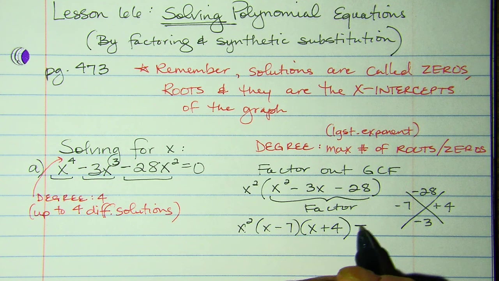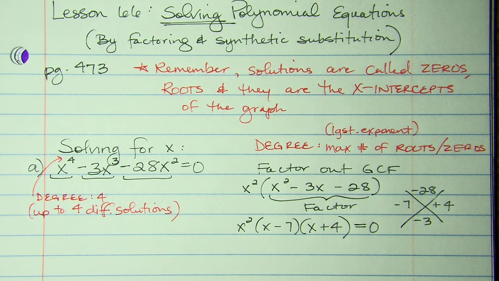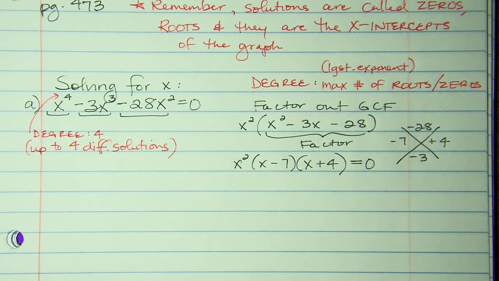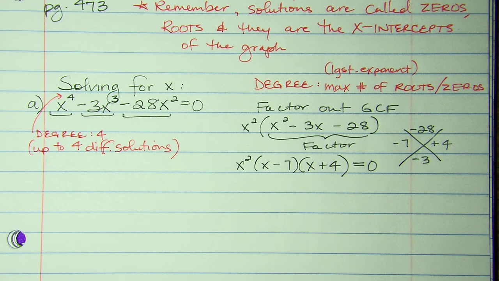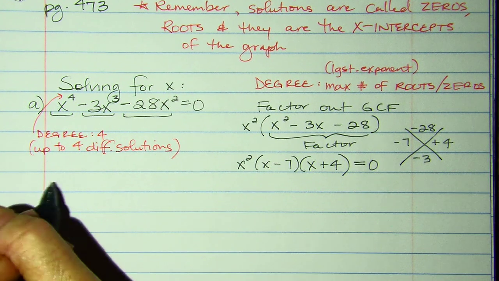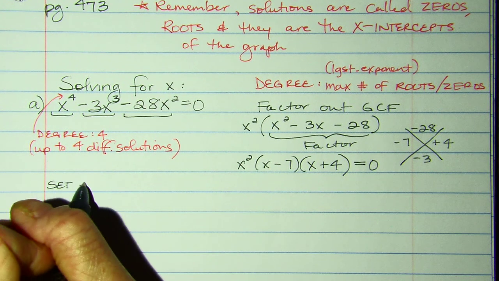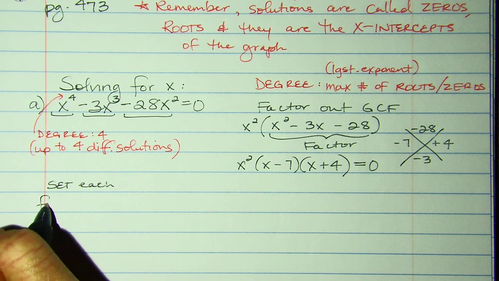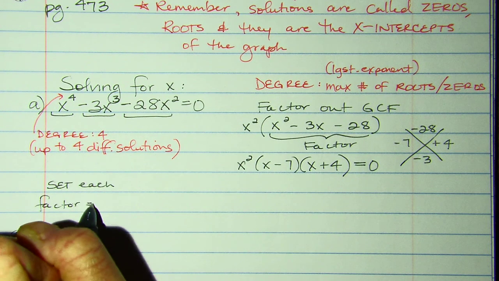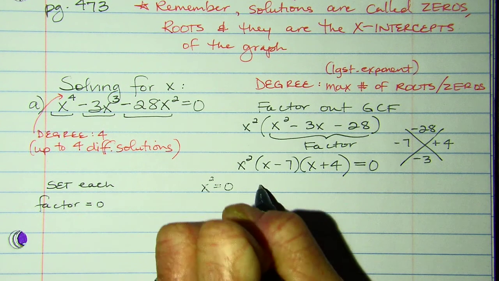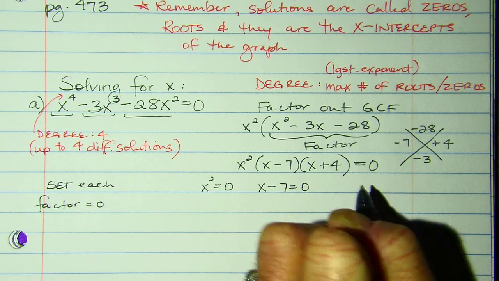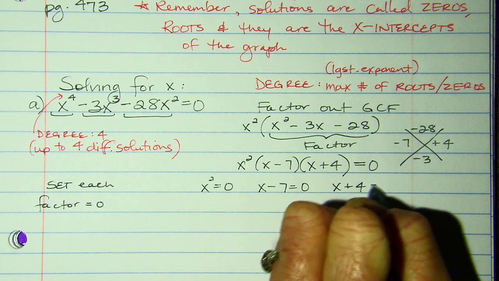Now remember, they set this equal to 0. The zero product property is something we learned in Algebra 1. If this equation equals 0, then I can find my solutions by setting each factor equal to 0. So x squared equals 0, x minus 7 equals 0, x plus 4 equals 0.